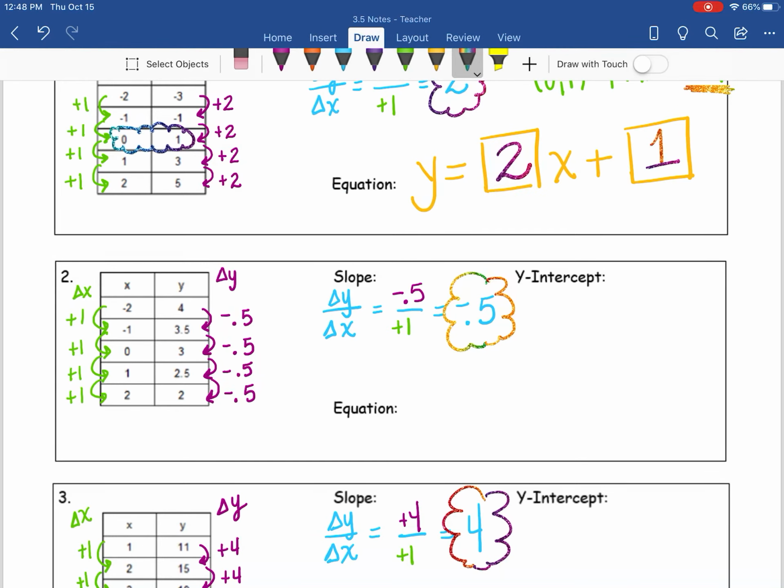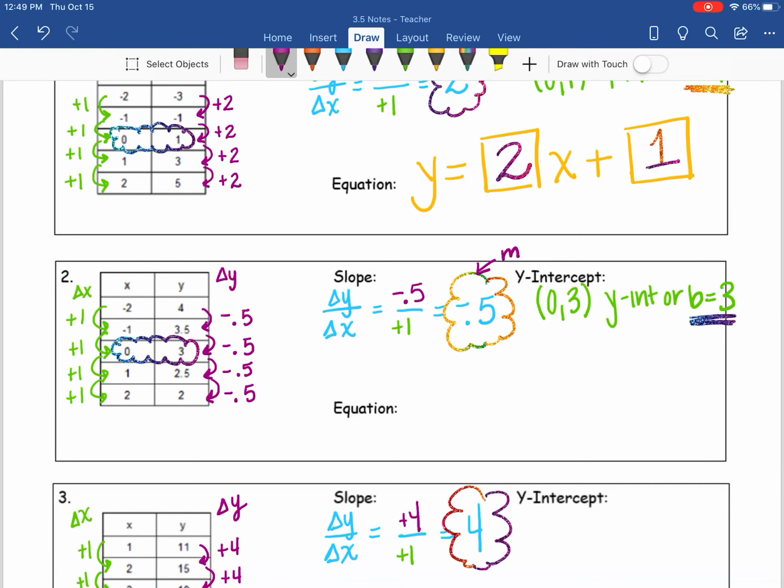Again, remember, when we're looking for our y-intercept, we are looking for the value of y when x is 0. So we want to find where x is 0 in our table. And look, there it is. We have (0, 3), which means that our y-intercept, or b, is equal to 3, because that is the y value when x is 0.